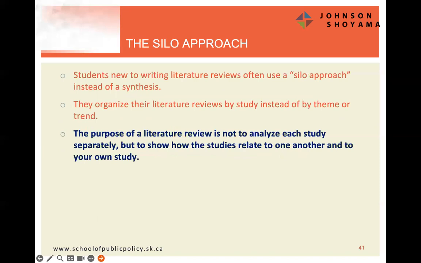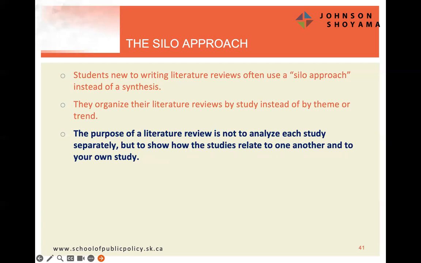Now, the way we are used to is the silo approach. Students who are new to writing literature reviews, or even to academic writing for that matter, use what we call the silo approach instead of synthesis. We organize our literature review by study, by literature types, instead of by theme or by trend.